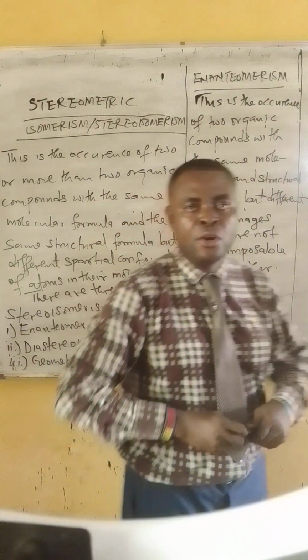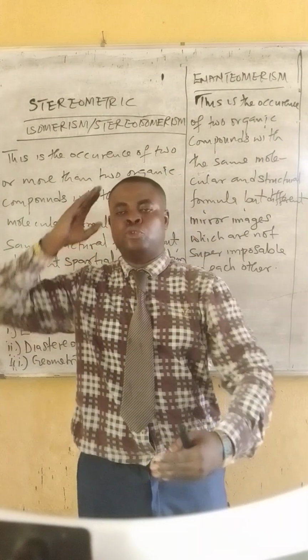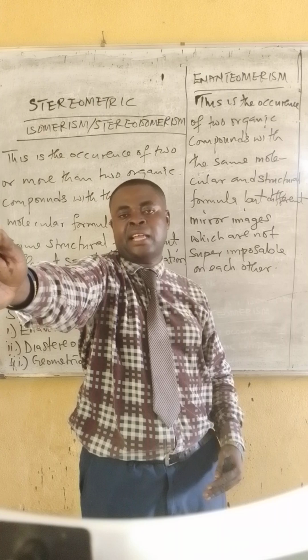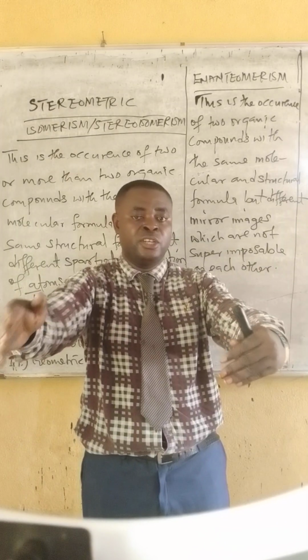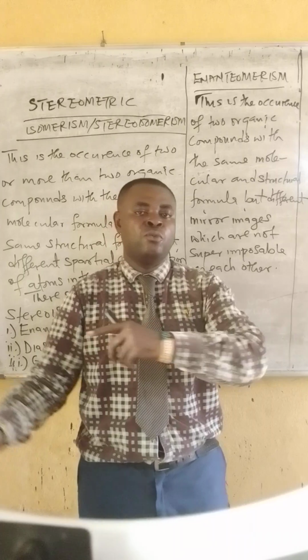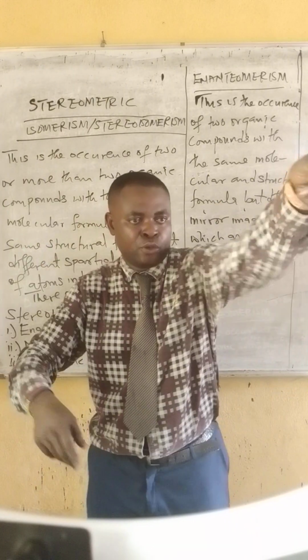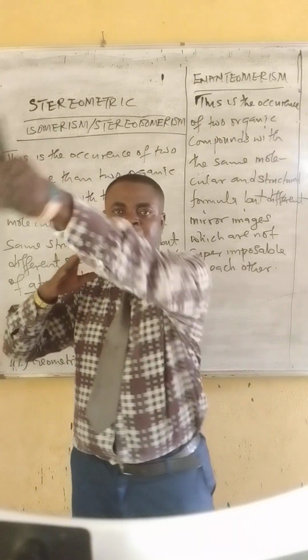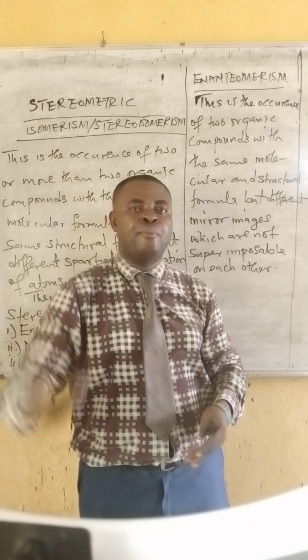What do I mean by superimposability? If you look at a mirror, your right hand, the image that is shown to you, is a mirror image; the person standing in front of you stretches the hand from the opposite side. So that means mirror images are not superimposable.